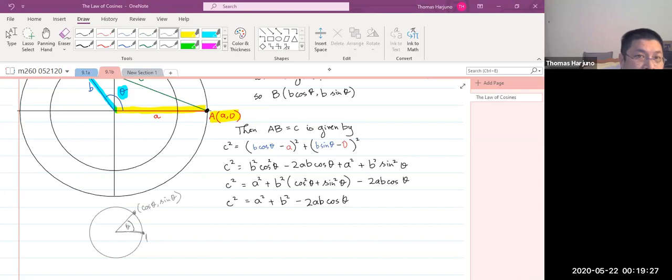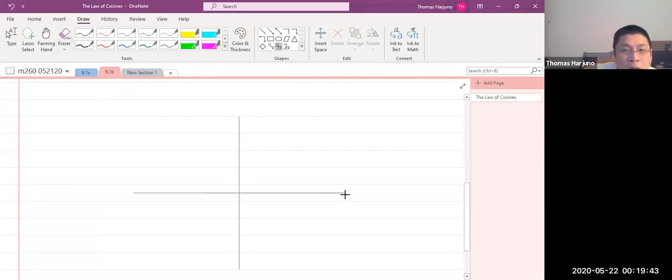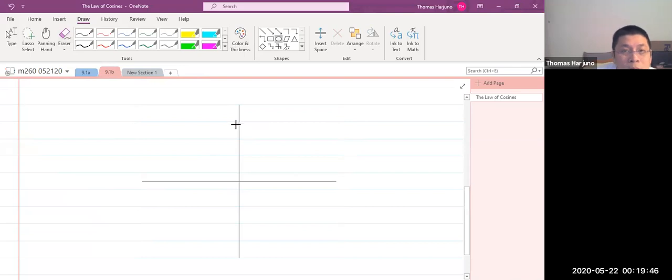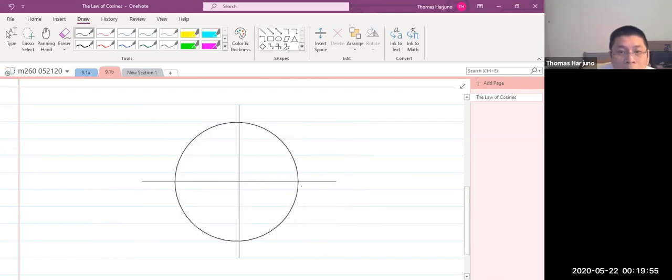I'm still reviewing what we have done two chapters ago. Two chapters ago, we learned that if I have a unit circle and the angle here is theta, then the coordinate here must be given by cosine theta, sine theta.